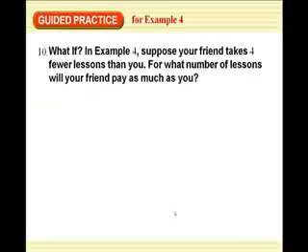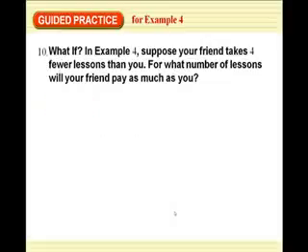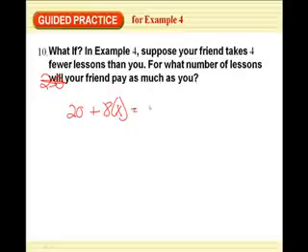What if your friend takes 4 fewer lessons than you? For what number of lessons will your friend pay as much as you? Four fewer, then, they give you the answer. 4 fewer would be, you take 20 plus 8 times x, and your friend 9x minus 4 fewer than you, so that's subtraction.